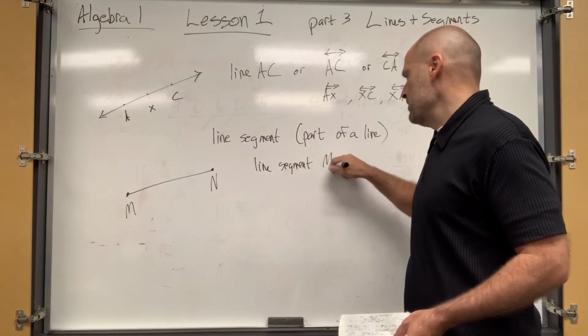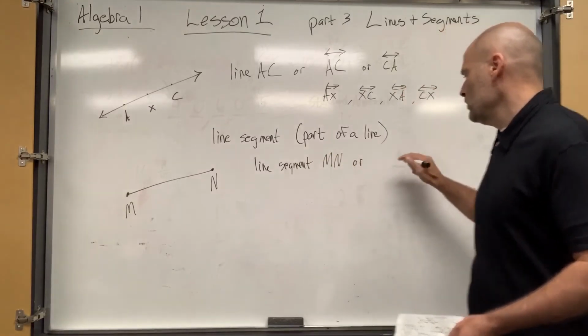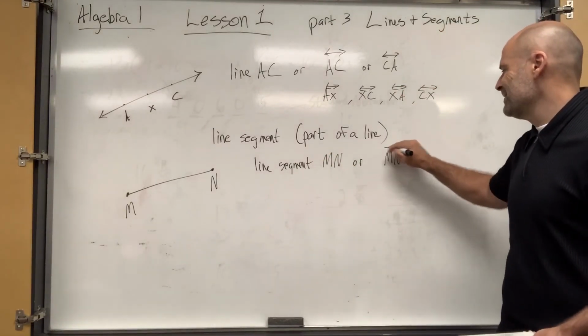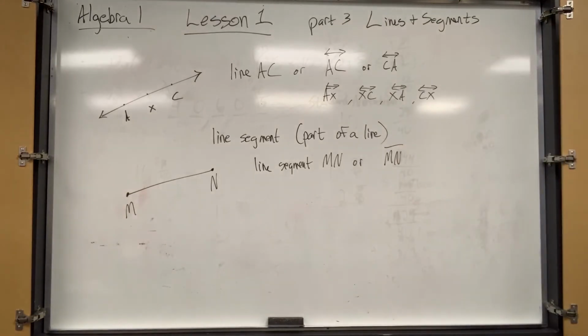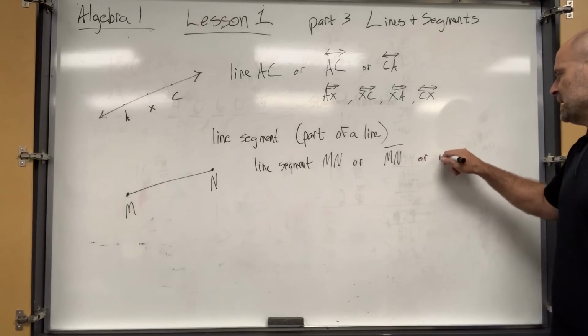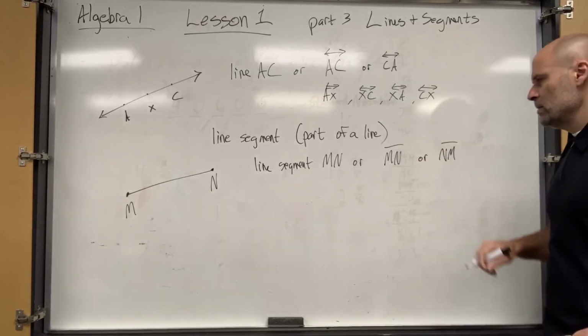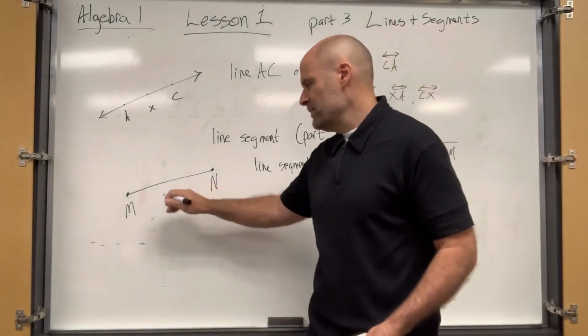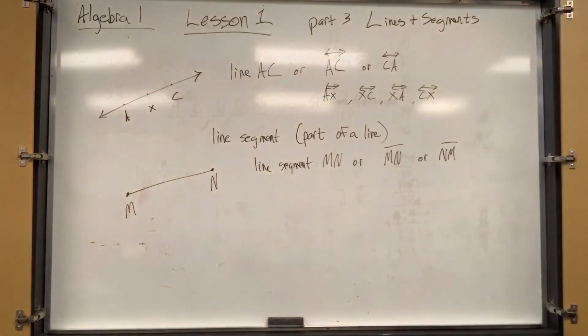Line segment MN, or we could write it like this with just a line segment on top, or you could say NM. But what you can't do is pick a point that's not one of the endpoints, okay?